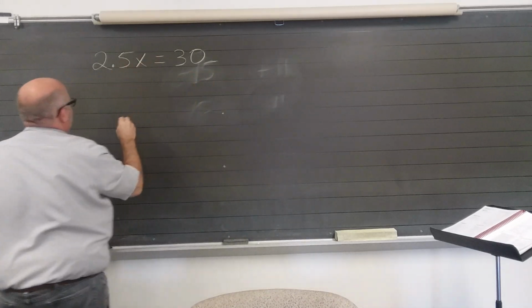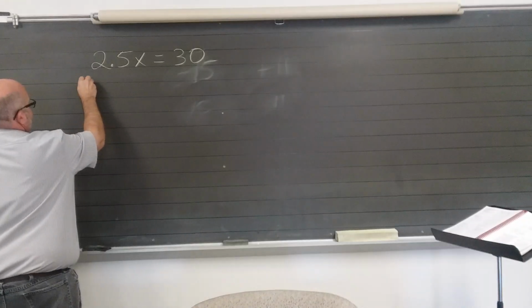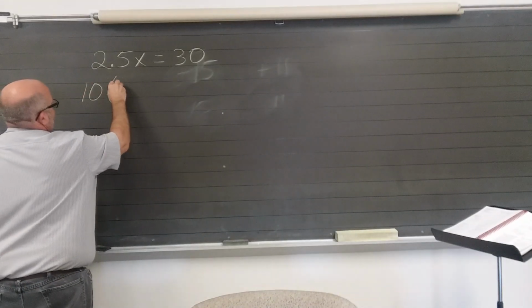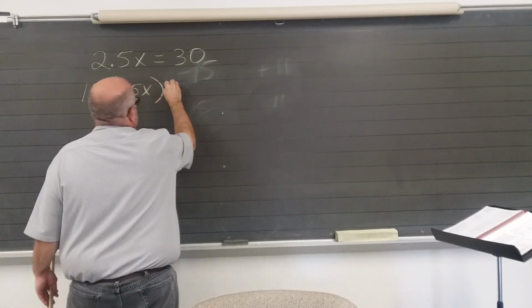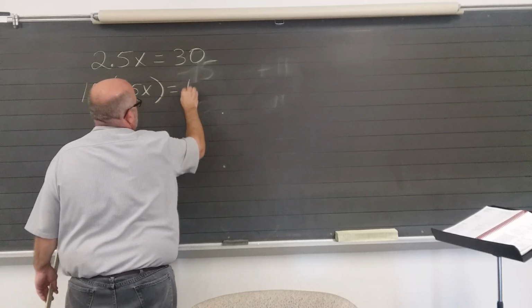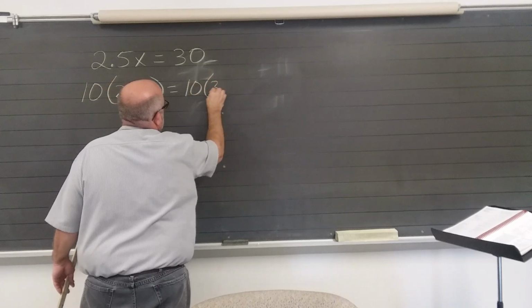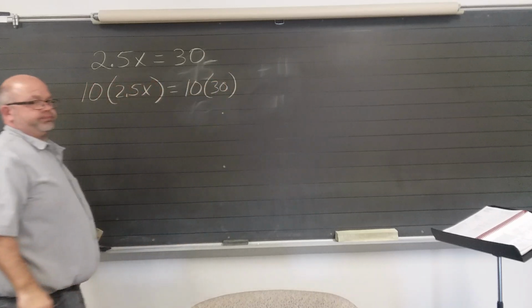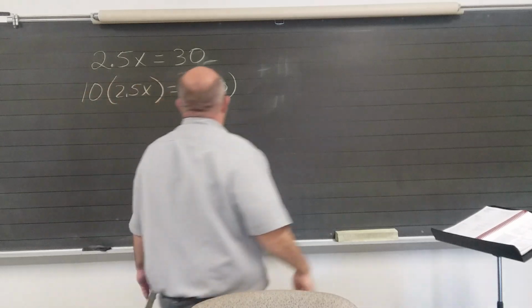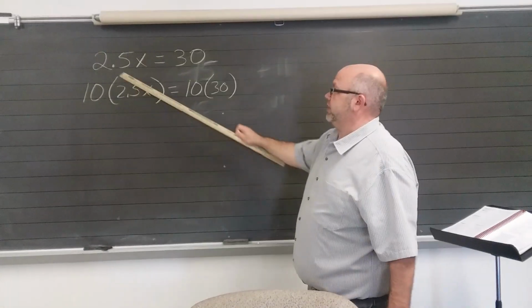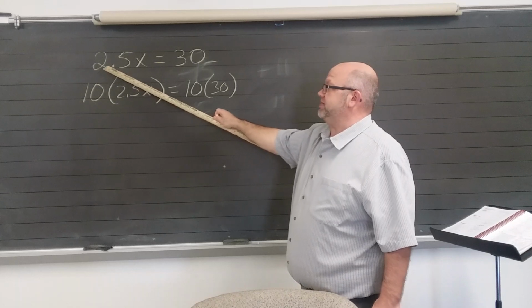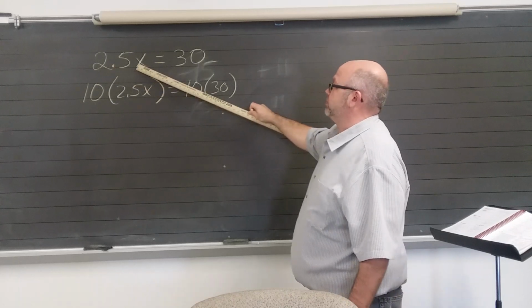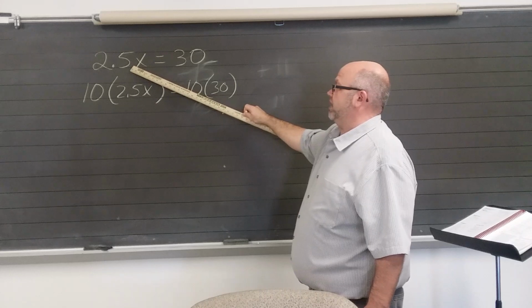You have tenths, so you go 10 times 2.5x equals, don't forget to go 10 times 30, right? To get rid of the decimal in 2.5, you multiply it by 10, and it becomes 25.